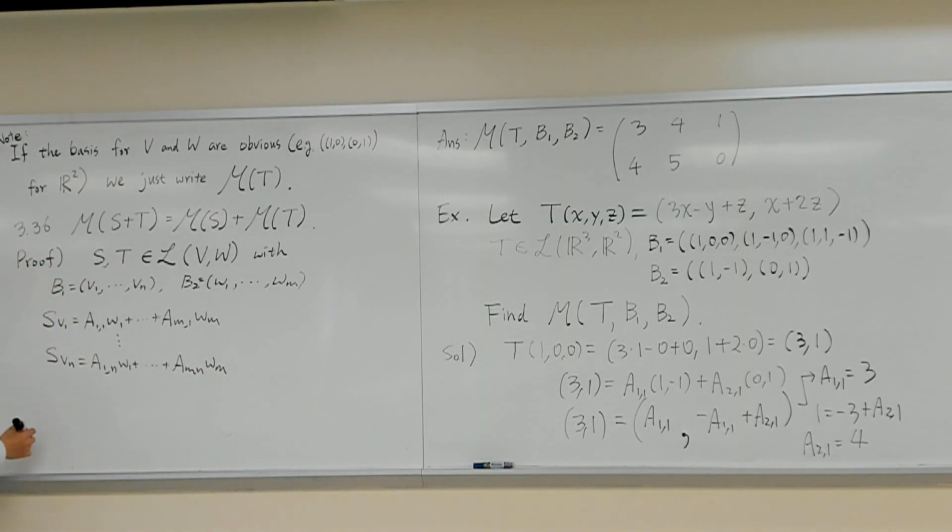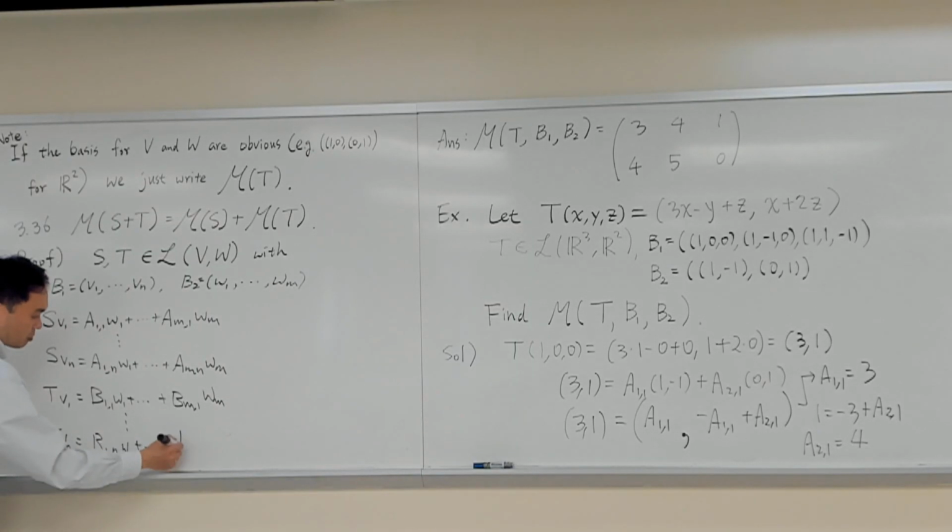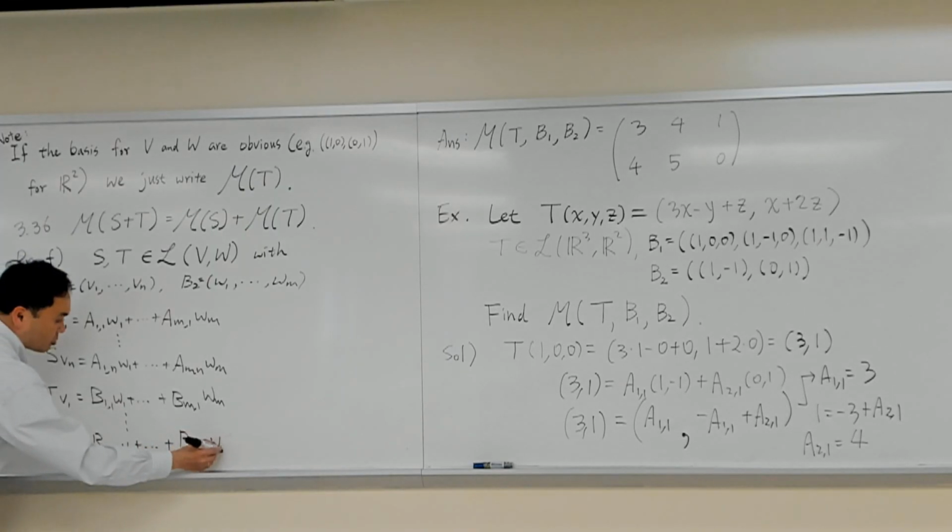And in the same way, you would do T of v1 equals to, this time it could be the same number, but usually it's different, so I'm just going to use B. So there should be some constant B11 times w1, up to Bm1 wm, all the way down to T of vn equals B1n w1 plus up to Bmn wm.